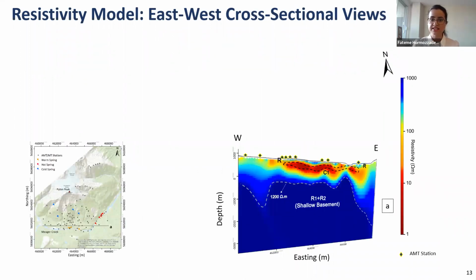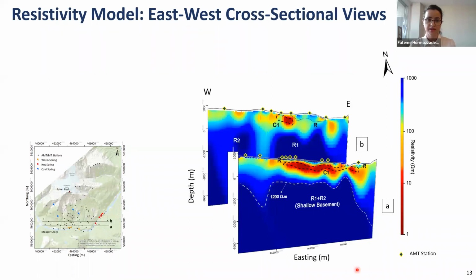So in these slices, I show again east-west sections from south of the map to the north of the map. Again, we see the C1 conductor, which was along the Meager Creek. And again, we see the relatively resistive area exactly beneath the surface above this conductor.